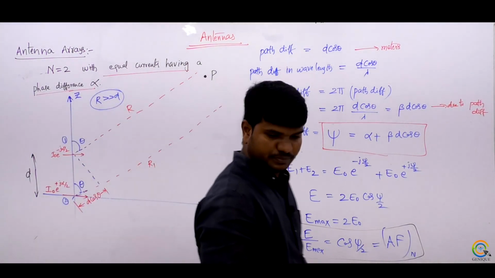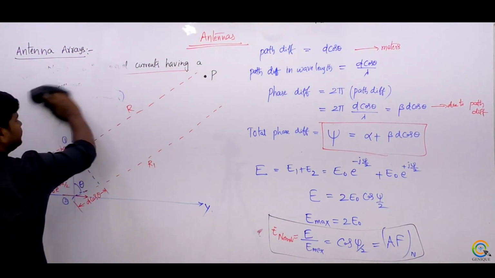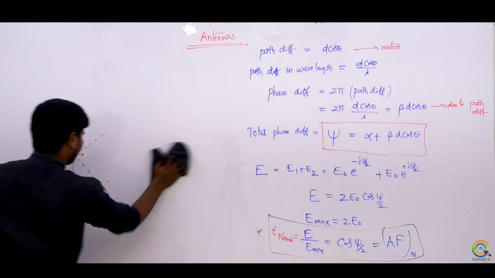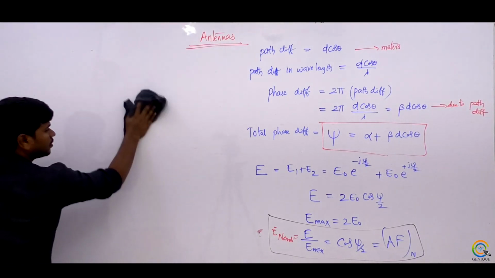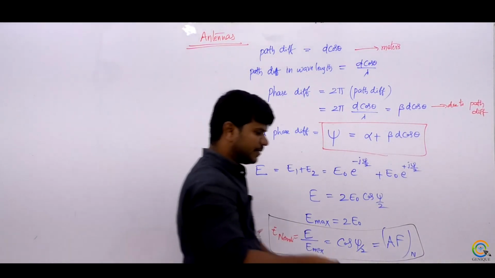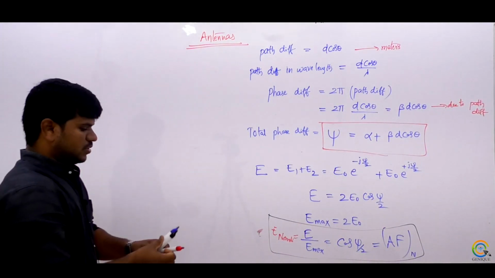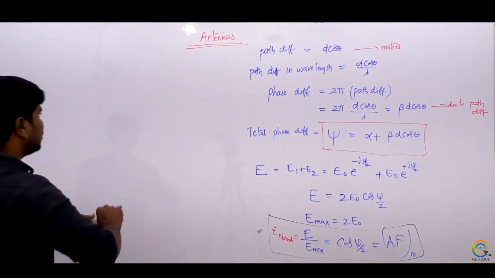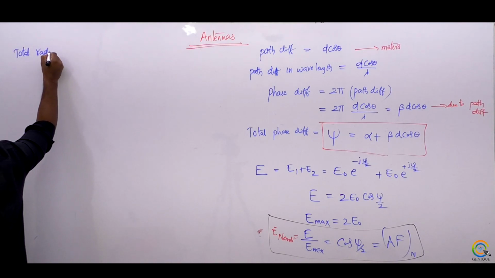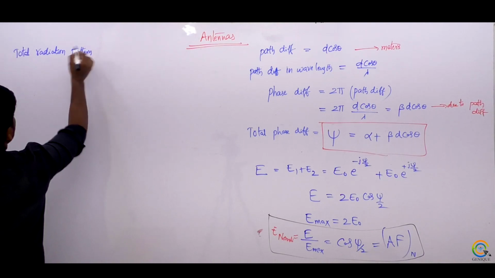So this is called the normalized array factor. Now we got the array factor. Now the total radiation pattern, from this I am drawing the radiation pattern.